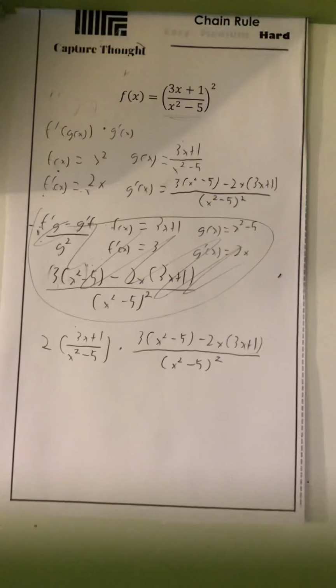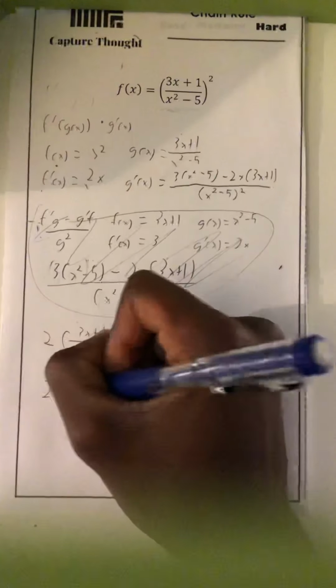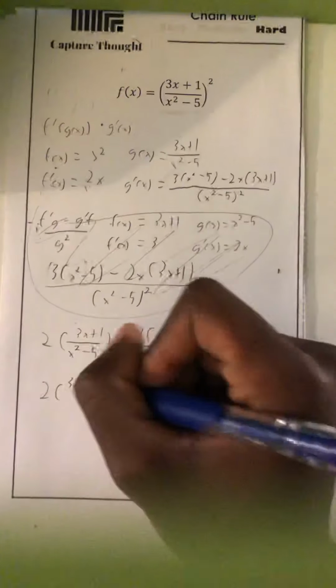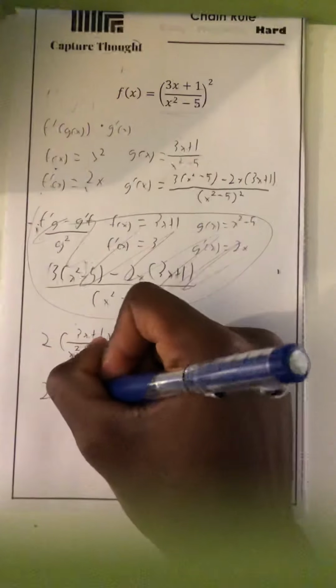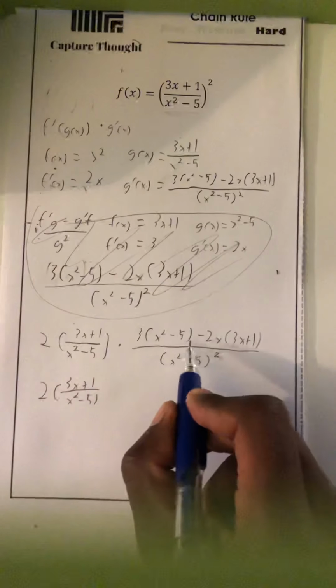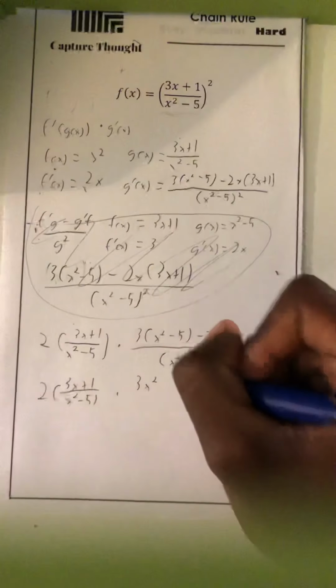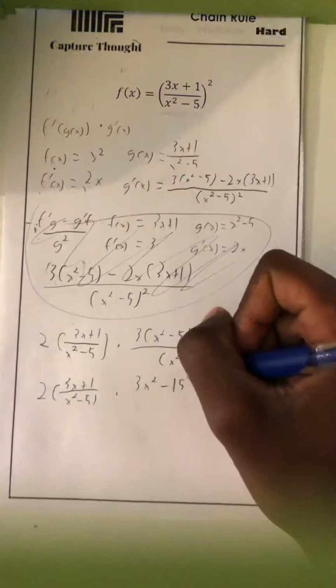And now once we have that, we can in fact simplify this. So basically we put it all together, and we multiply this thing, so 2 times 3x plus 1 all over x squared minus 5. So 3 times x squared minus 5, we do this real quick, which would be 3x squared minus 15.